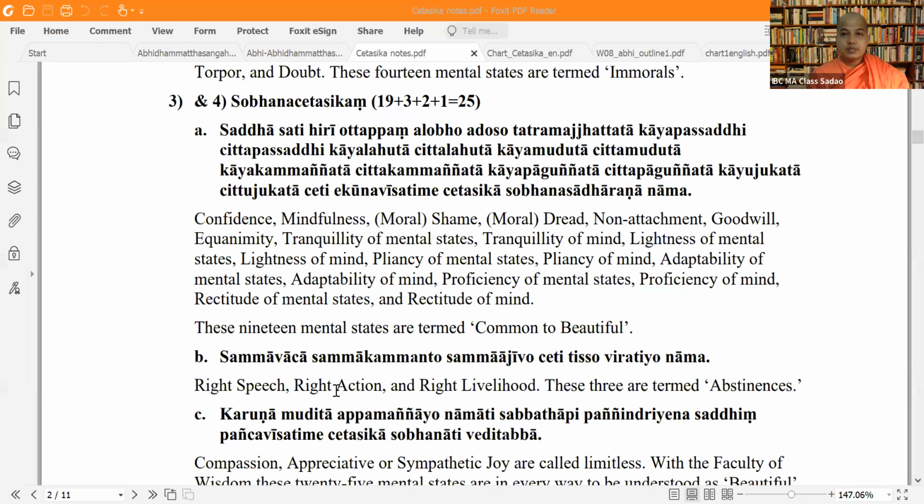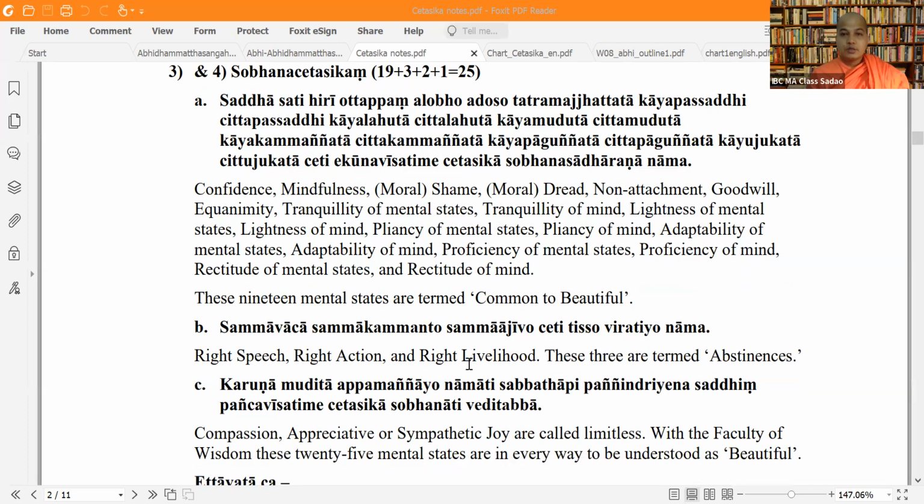When you practice right action, you do not do wrong action. You abstain from doing wrong action by body, speech, and mind. Right livelihood, Samma Jiva, refers to avoiding its opposite, wrong livelihood, right? What is your understanding of wrong livelihood?